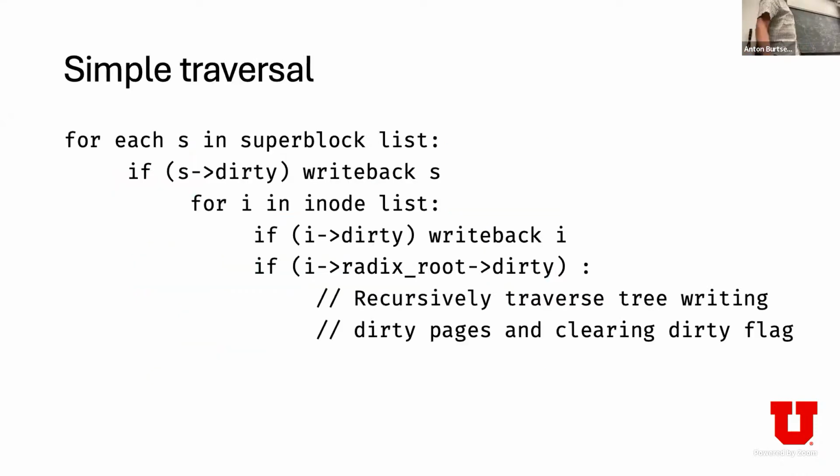At this point, the algorithm is reasonably trivial. You say, for each S in the superblock list, if S is dirty, then try to write back S, which means that for each inode in the inode list, if the inode is dirty, then write it back, and you descend into the radix tree and traverse it, saying, okay, let's start from the root and only descend into the children which are dirty, right?